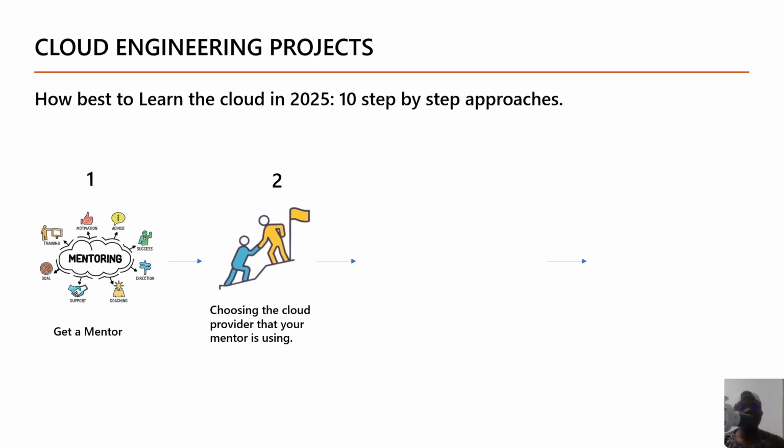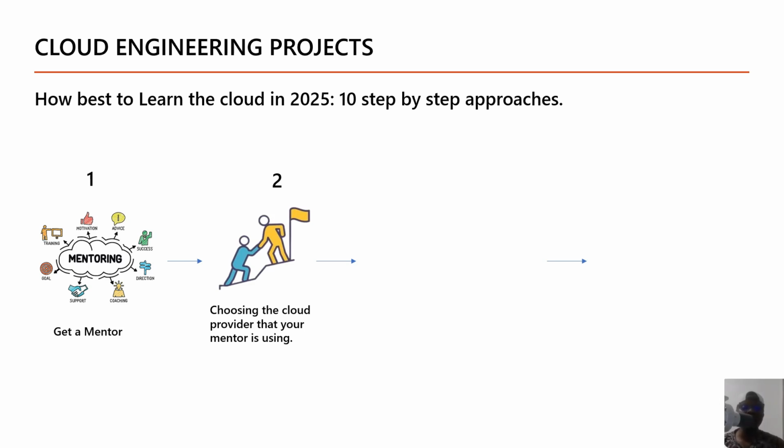The most important thing is the knowledge, right? And whatever cloud provider you choose, the knowledge is literally the same. So the reason for choosing the cloud provider that your mentor prefers is so that you get the support you need without too much hassle. Remember that you are relying on somebody's knowledge and expertise here.